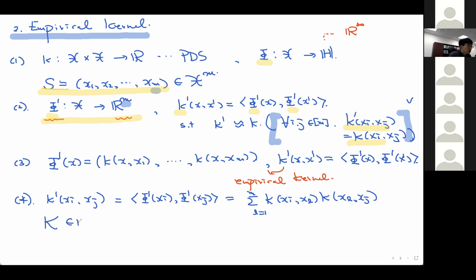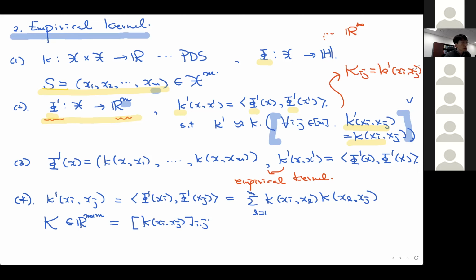This is an m by m matrix, defined so that each ij entry is just k of xi and xj. And with this kernel matrix, the property we aim at can be written as k of xi, xj being the same as k prime of xi and xj.